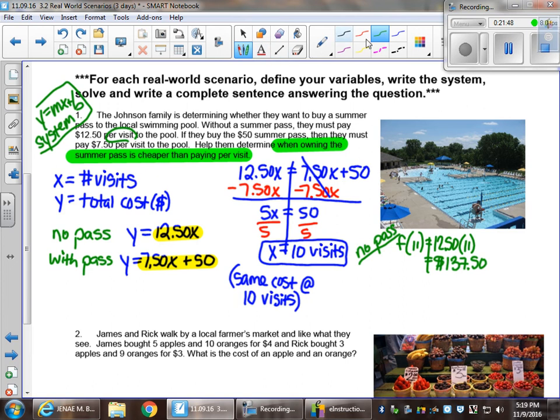How about if you have a pass? With pass. So we're still looking at 11 visits. Here's my equation for if I have a pass. So that's going to be 7.5 times 11 plus 50.